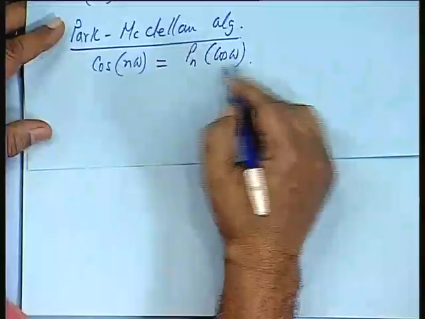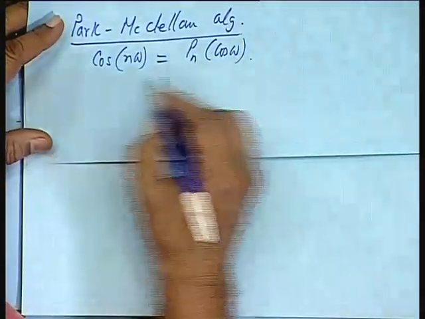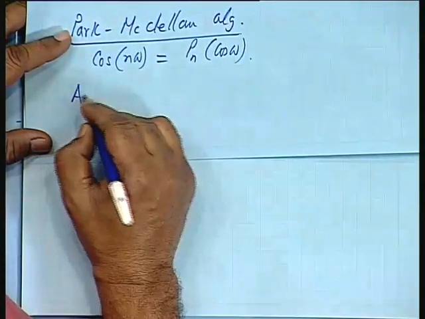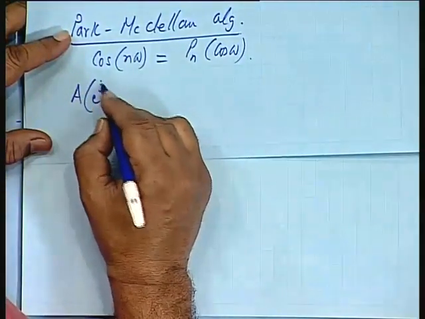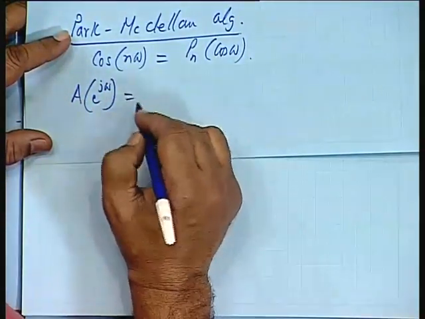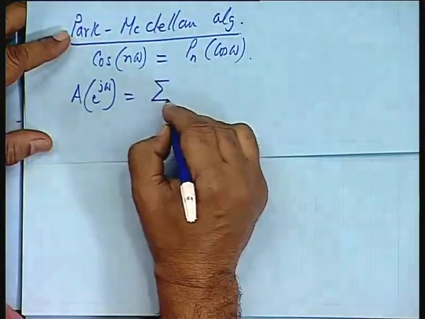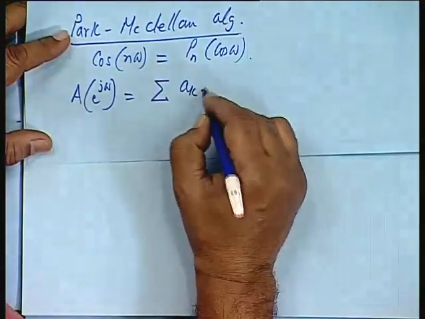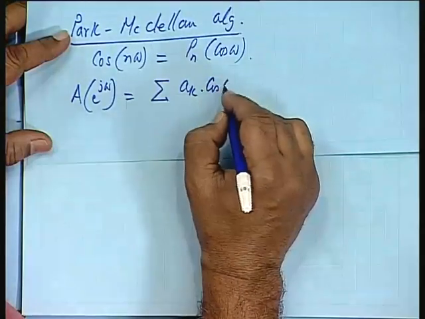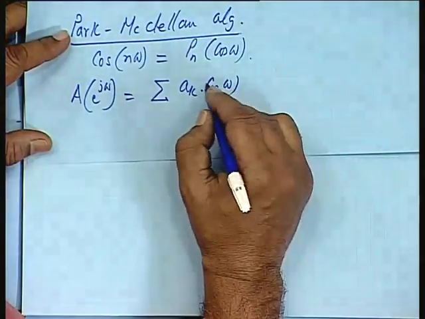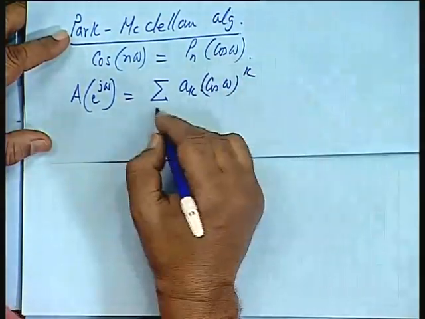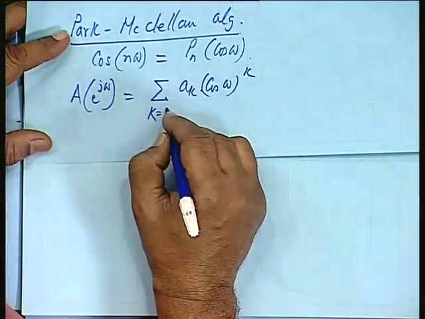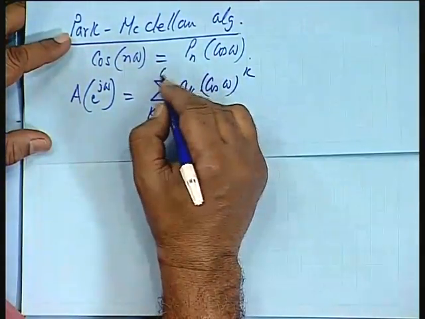So, it is basically that series. Therefore, that magnitude function, that amplitude function, is the sum of a k cosine omega to the power k, k varying from 0 to say q.